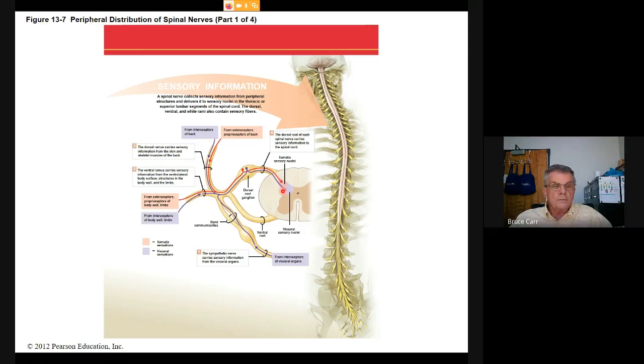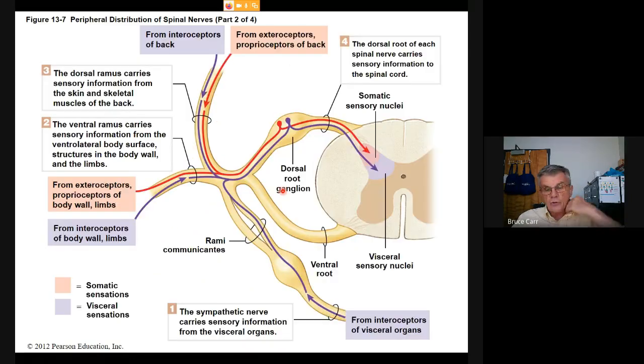Now, if we go on to this larger diagram, I should have gone on before. We notice that there is a structure from the back, side, and front that is collecting at each one of these vertebral junctions.